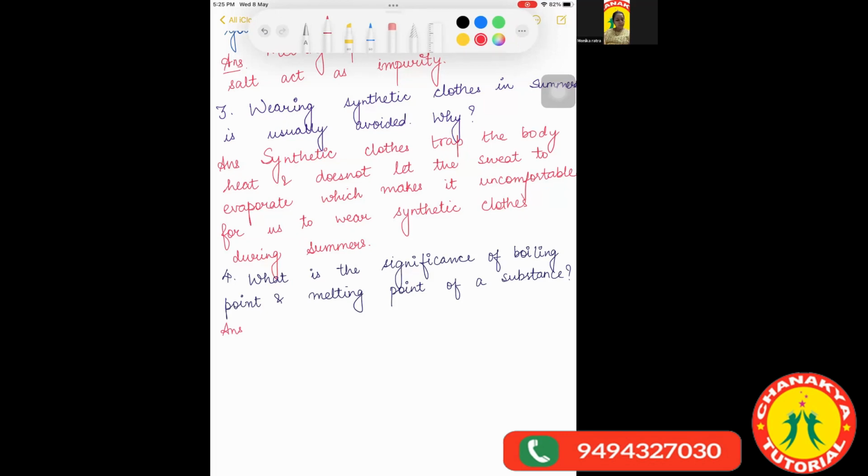Pranav, are you there? Jitendra, can you try this one? It means, what is the importance of boiling point and melting point of any substance? Tell me.